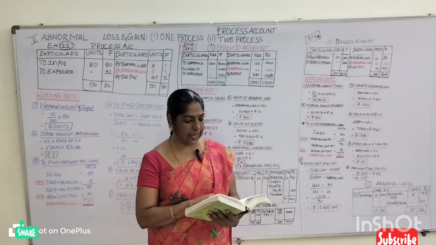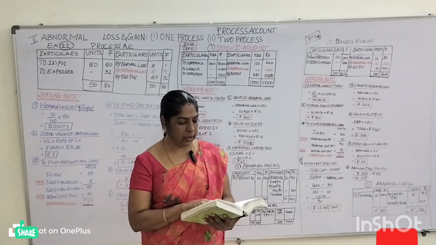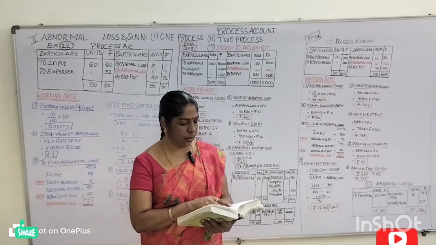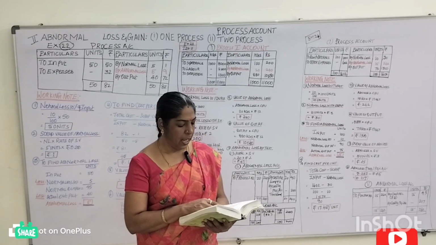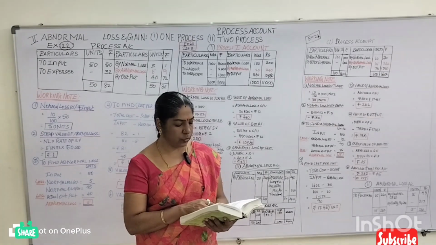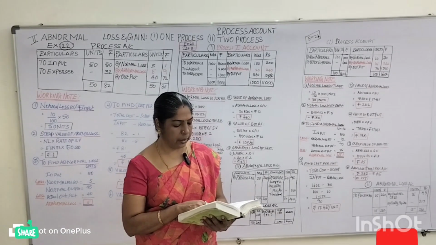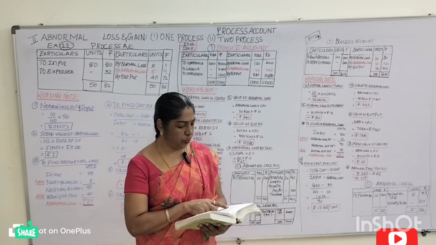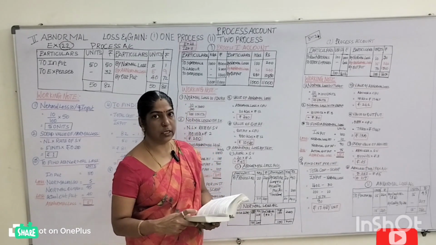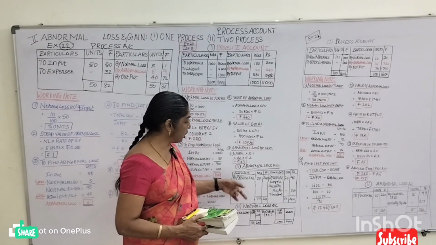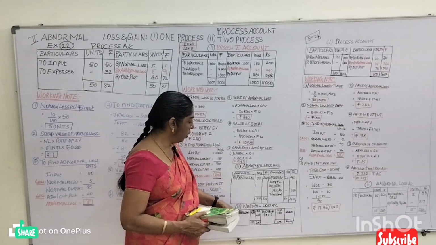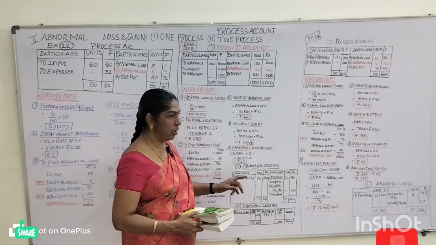The normal loss has been estimated at 10%, which could be sold at rupees 2 per kg. Actual production of the process is 880 kg. Okay. Show process 1 account. What they ask is the process 1 account. With that process 1 account, I have to show you the normal loss account and abnormal loss account also.